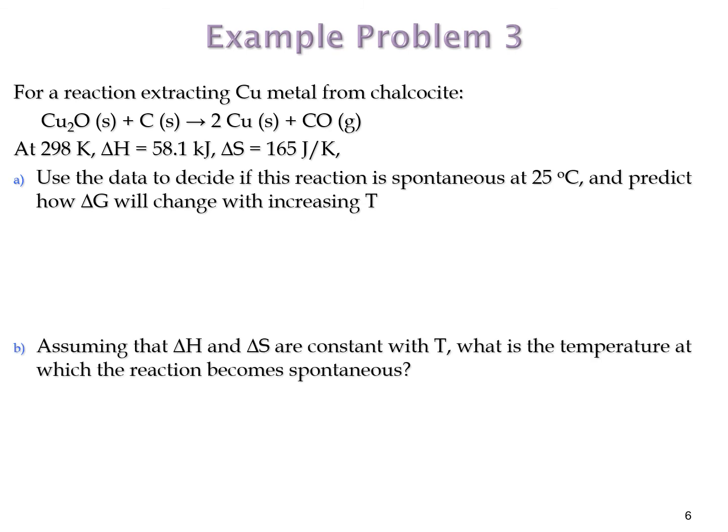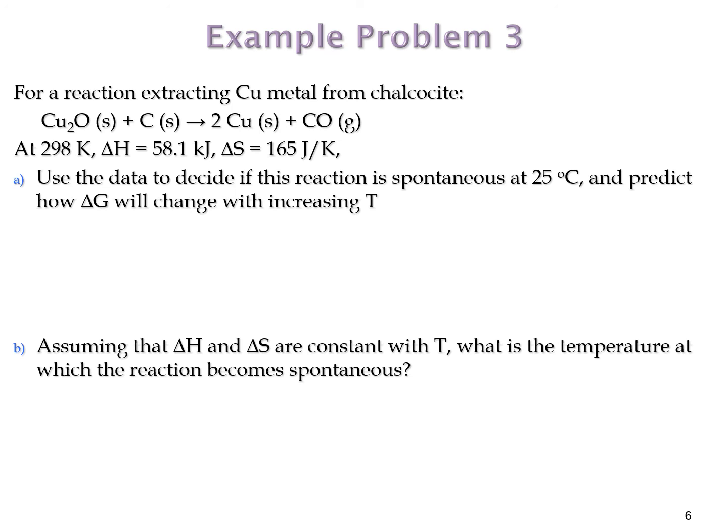First, use the data provided to decide if this reaction is spontaneous at 25 degrees and predict how delta G will change with increasing temperature. Second, with the assumption of delta H and delta S both constant with temperature, that means independent of temperature, what is the temperature at which the reaction becomes spontaneous?